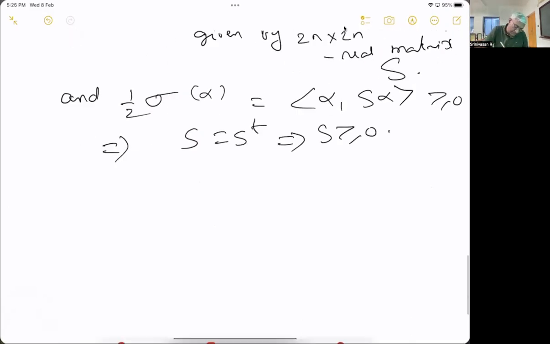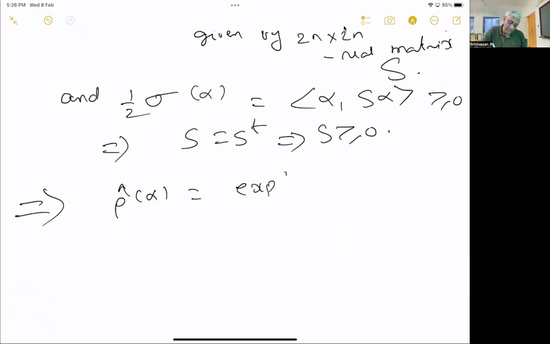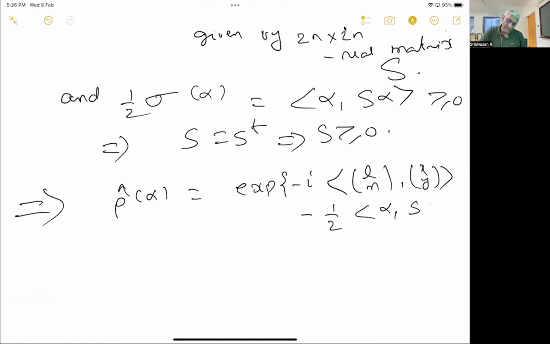So all these things imply rho hat of alpha is equal to exponential minus i, the inner product with Lm, xy, minus half alpha S alpha.